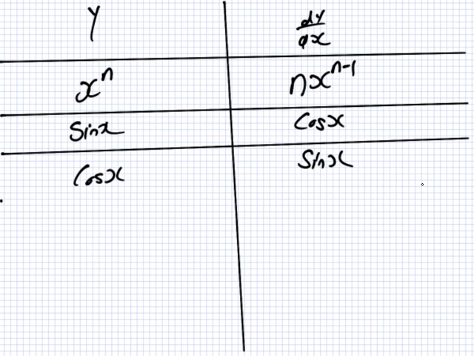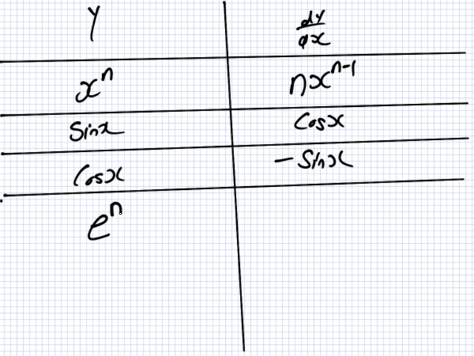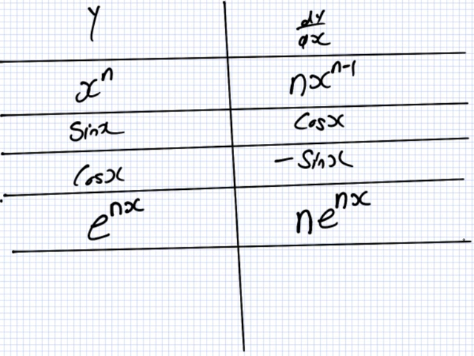Oh, it's minus, I was just about to fix it. e^(nx) becomes n e^(nx). Interestingly, you might think it should be n minus 1, but the n just comes down in the front. So another one that you might often see is e^x by itself just becomes e^x, because the n is 1.